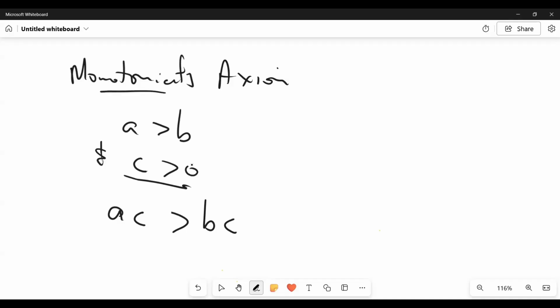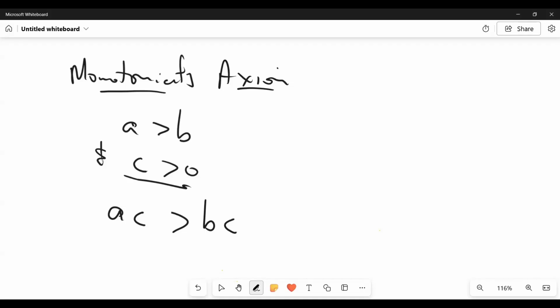The monotonicity axiom. All of this comes under something called the order axiom. This is one of them, which tells you, you have to somehow maintain order on the number line, the real number line in particular. If you don't maintain order, you break the rules, and you're going to do a lot of mathematically incorrect things, right?